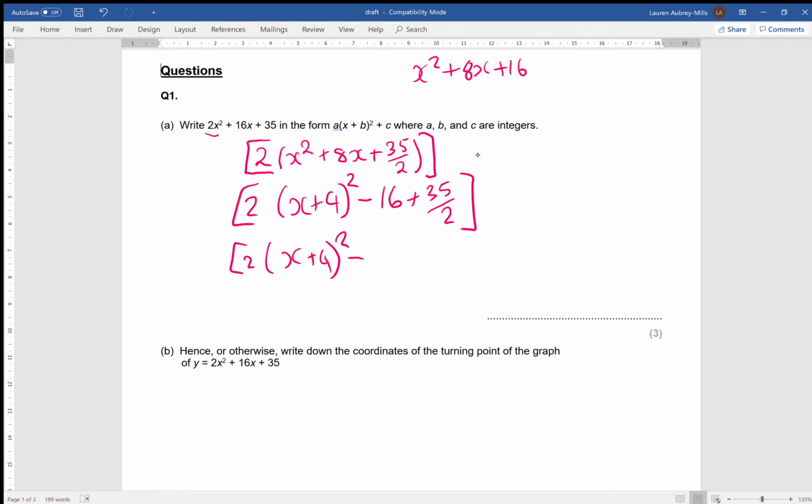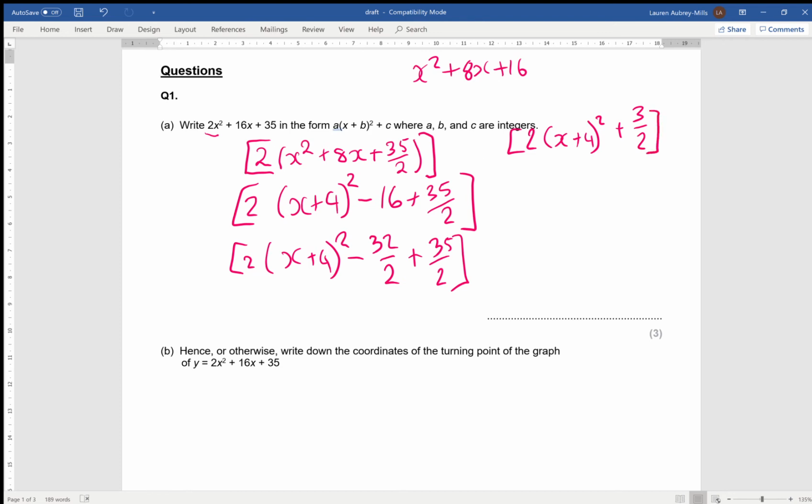So 16, I like the denominator to be the same. So that's 32, which is the same as 32 over 2, plus 35 over 2. Then we go up here: 2 times x plus 4 squared, and we get minus 32 over 2 plus 35 over 2, so that's a positive 3 over 2.